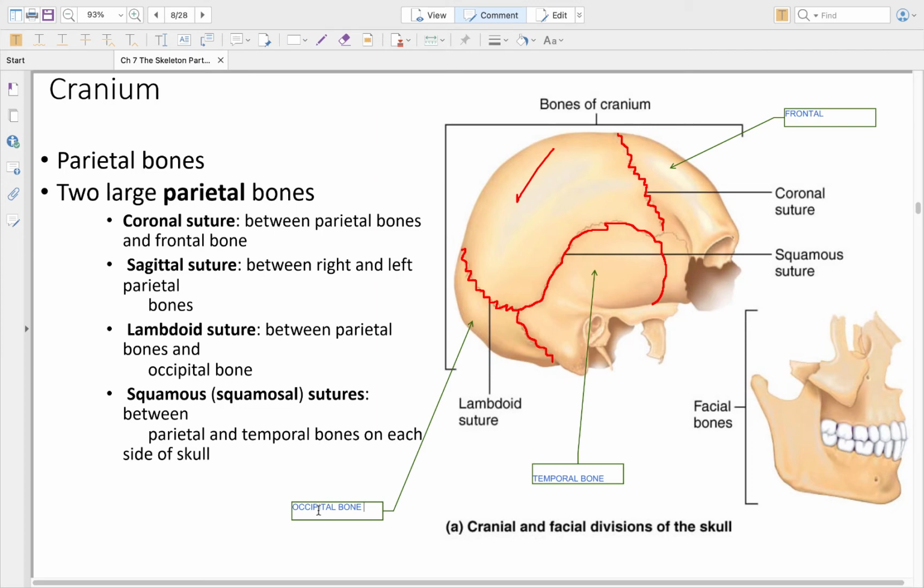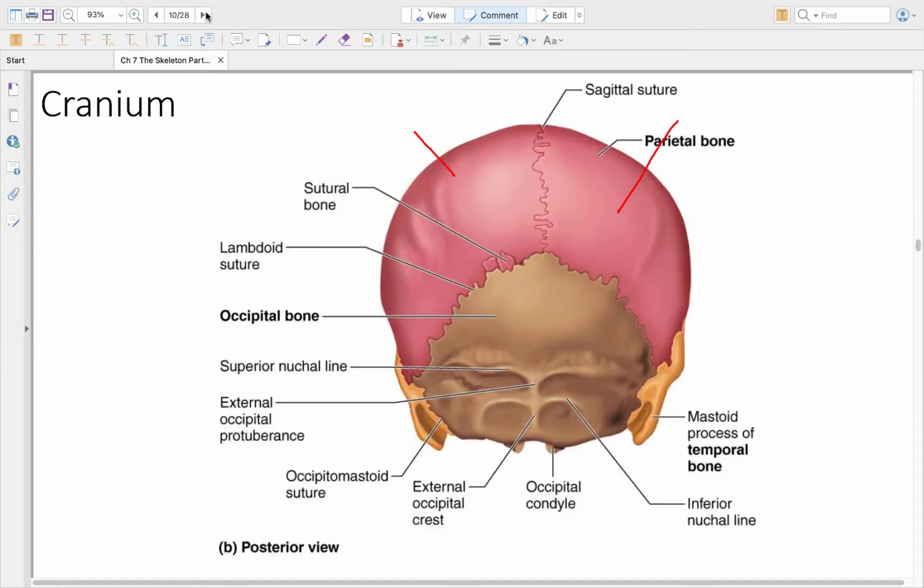And then we have our sagittal suture, which we can't actually see in this picture, but we can see right here, the sagittal suture, which connects the left and right parietal bone.